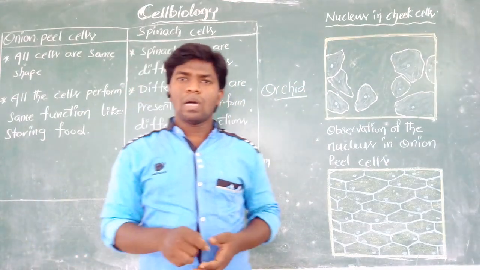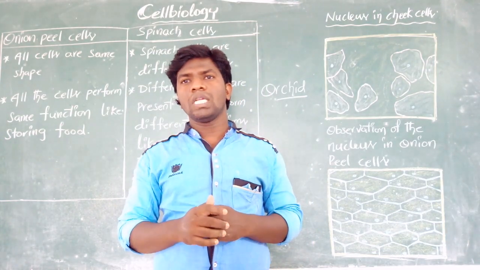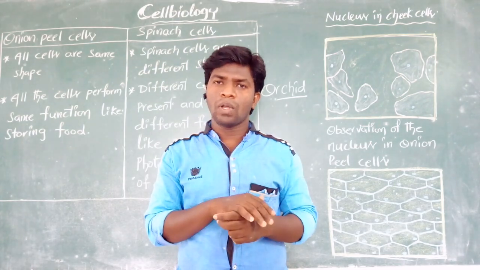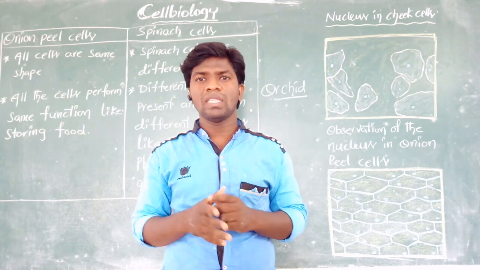Robert Brown observed the nucleus in the epidermis of orchid leaves. Before Robert Brown, Felix Fontana observed the nucleus in the epithelial cells.